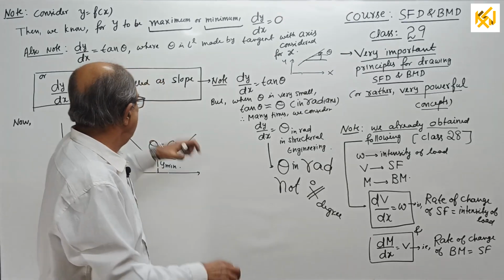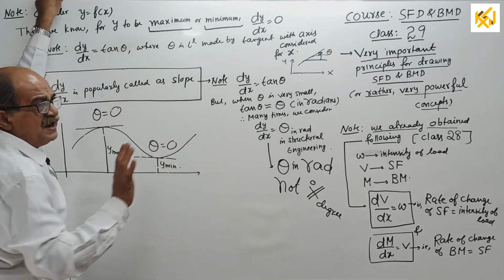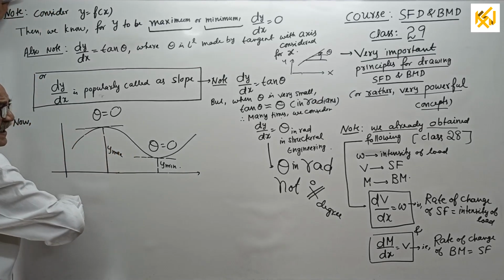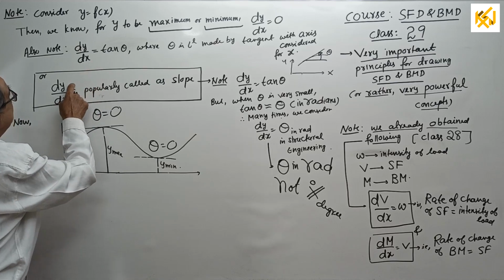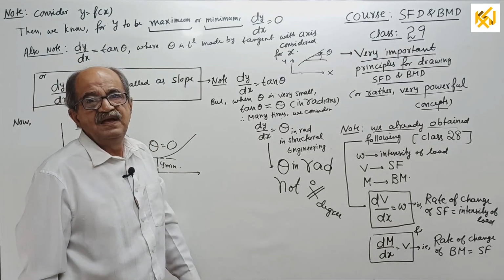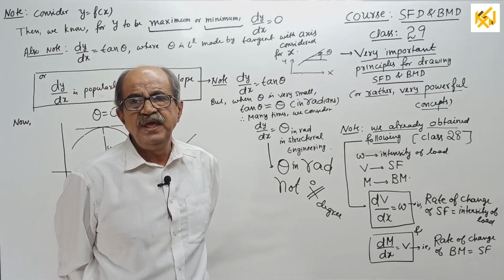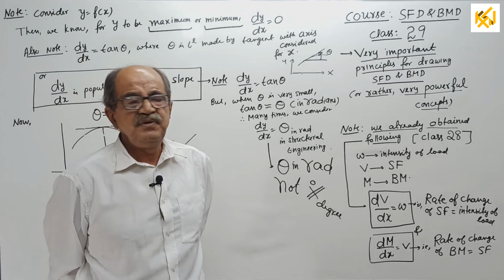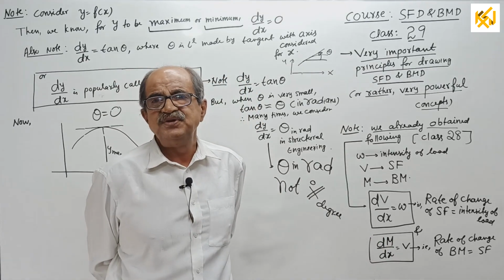Now see, this we are going to use many times in structural engineering. Now, come back here. The most important is this condition or this principle is conditional. Sometimes, for example, cantilever beam subjected to UDL, we will prove little later that bending moment is maximum where shear force is 0.